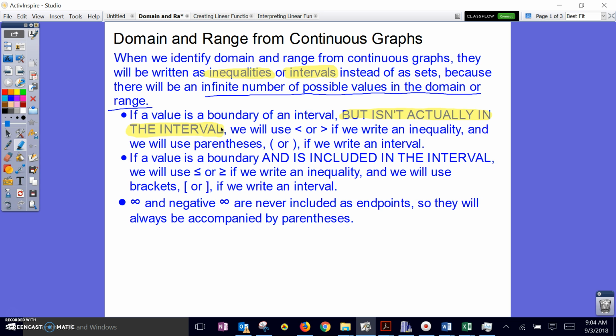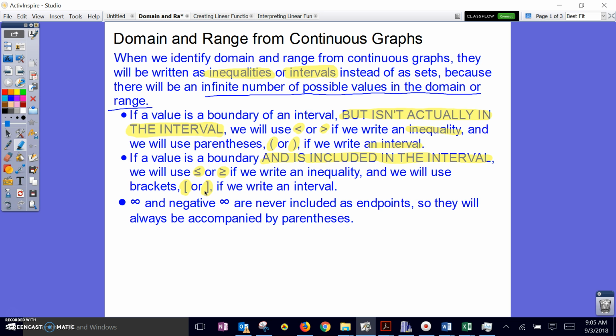When we see those, we're going to use either less than or greater than signs with inequalities, and we're going to use parentheses with intervals. If we have a value that's a boundary and is included in the interval, then we're going to use less than or equal to, greater than or equal to signs if we write inequalities, and we'll use brackets if we are writing it as an interval.